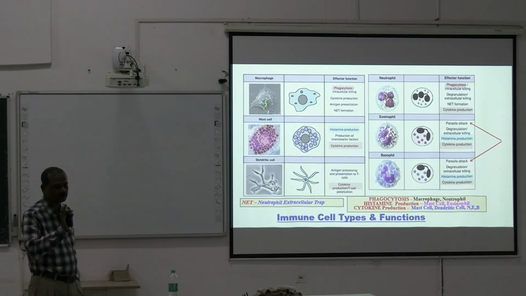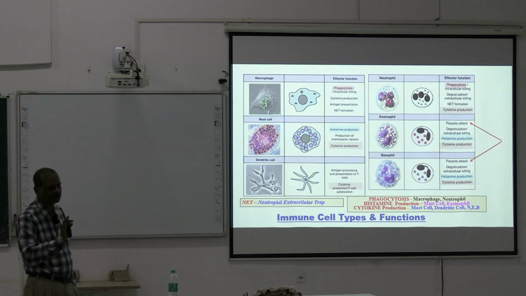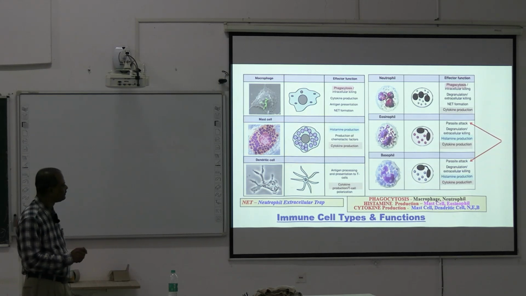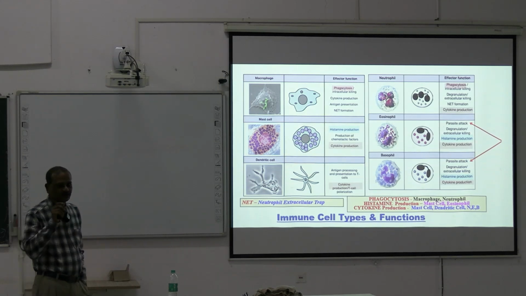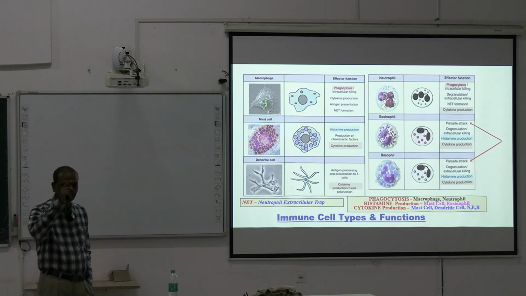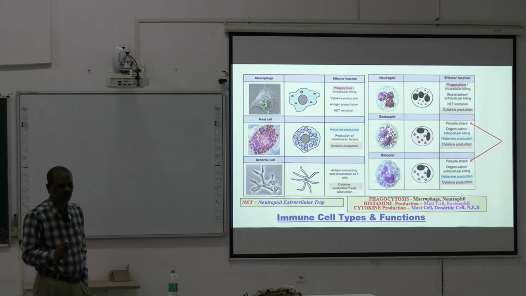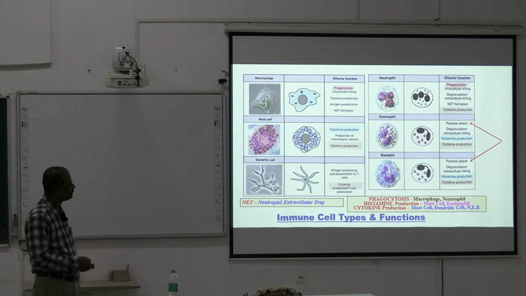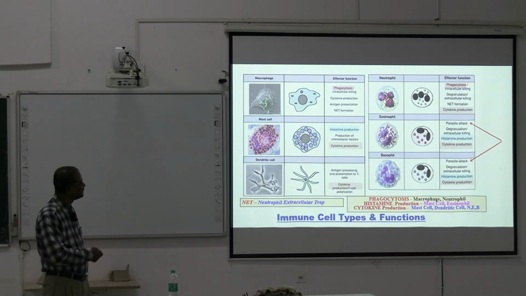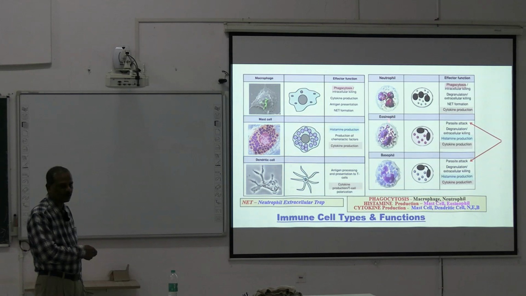At least you must be able to tell something about the function. The function of macrophage and neutrophil is predominantly phagocytosis. In addition, they have other functions.